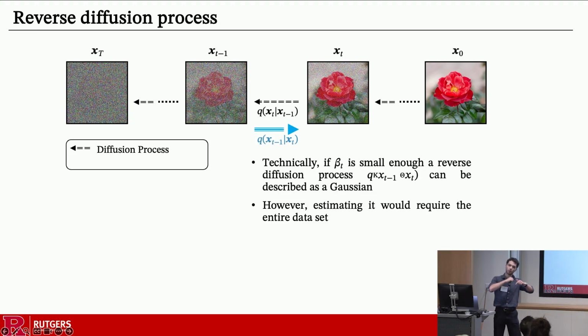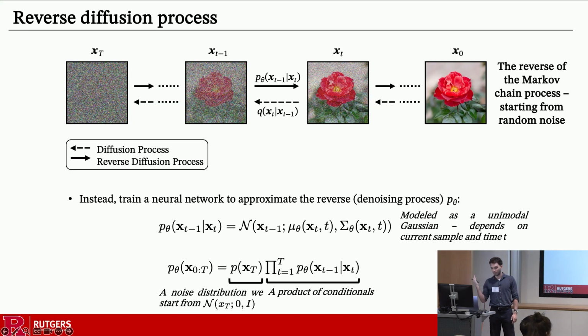But it would be very difficult to predict how we remove the noise starting from random noise all the way to a clean image. So whenever something is very difficult, we do the lazy thing, we train a neural network model. Okay? So we try to learn this inverse process with a U-Net. Sometimes some people may use transformers depending on the data you're working with, that is modeled again as a Gaussian.